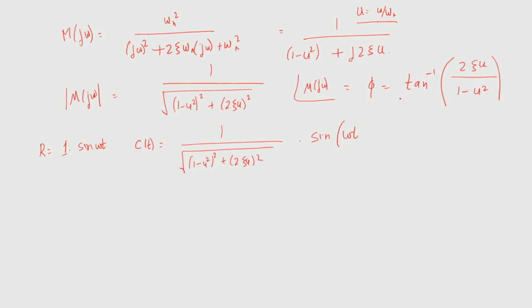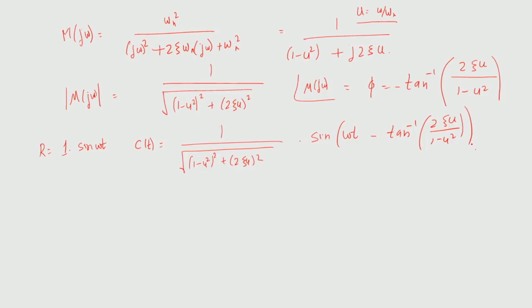What is phi? Phi is tan inverse, and this will have a negative sign because all this occurs in the denominator, minus tan inverse of twice zeta u over 1 minus u square. Now, let us see what happens as we change the frequency.